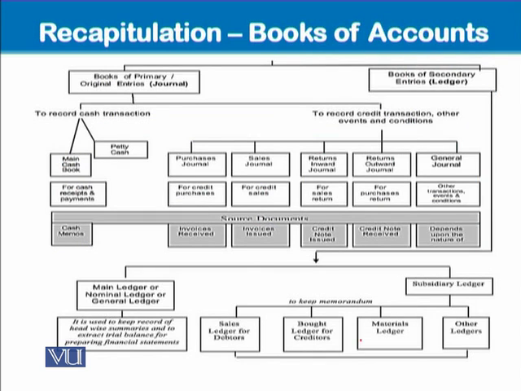Next recap is about books of accounts. Remember that we have learned that there are 2 books of accounts basically, books of primary entry and books of secondary entry. We call them journal and ledger.